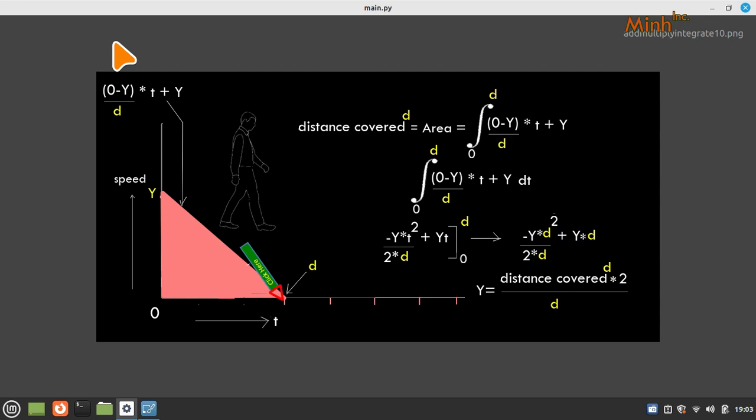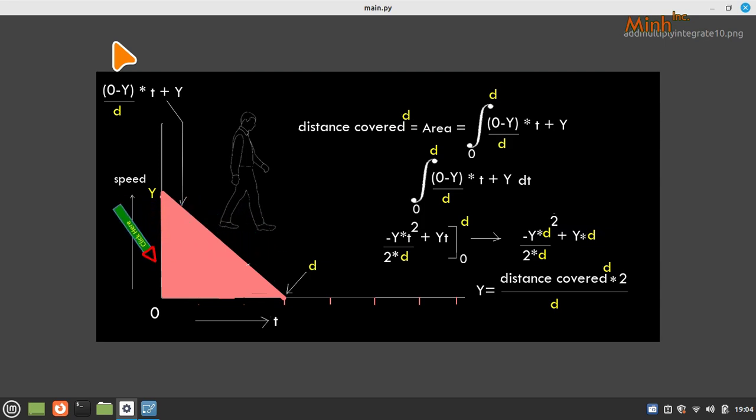Means he just reached his home. He started with a high speed and slowly reduced his speed at a constant rate, and when he reached home his speed is 0, and he took d units of time.